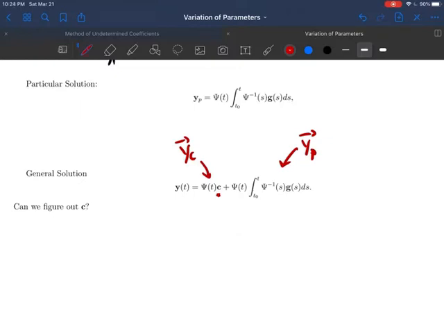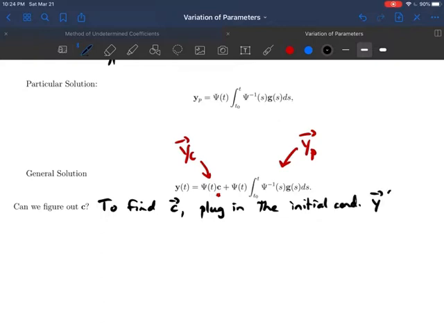Well, we're just going to plug in our initial condition. So to find C, plug in the initial condition. And the initial condition was y of t0 equals y0. So we're going to plug in t0 into both sides of the equation. y of t0 is equal to y0. So what does that give us?